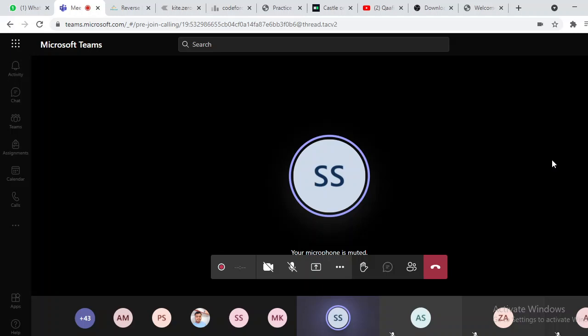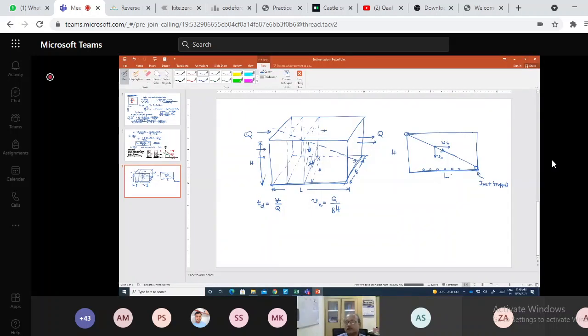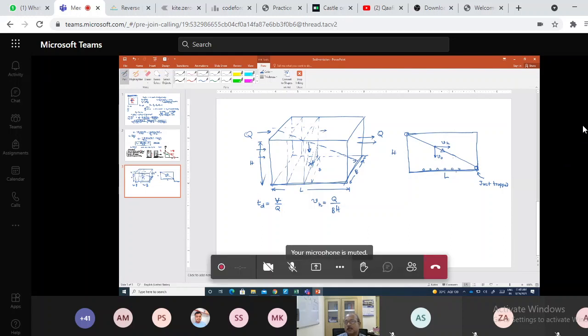And now we can see that the particles which are just trapped here will travel a distance L in this particular time TD. They will have a horizontal distance traveled L during this time and a vertical distance H traveled during this time.